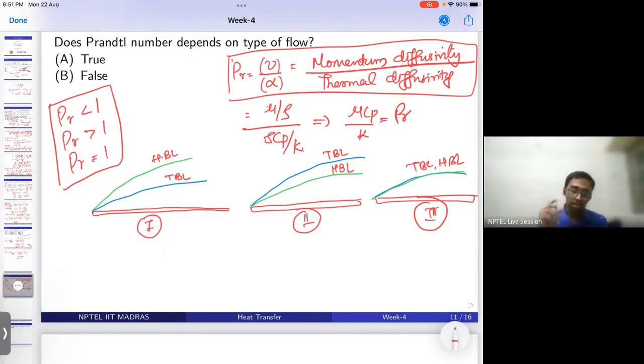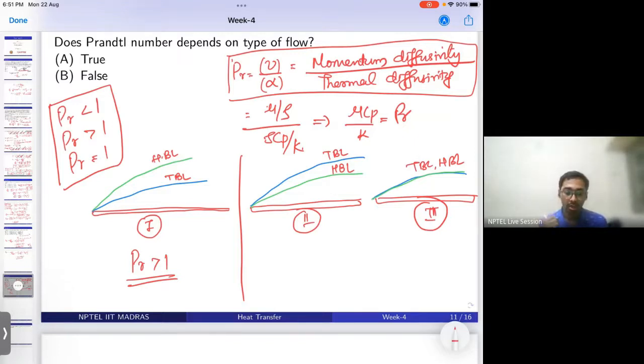Okay. So by this definition, can you suggest what the Prandtl number value will be? The numerator term, the momentum diffusivity, the momentum transfer rate, is more as compared to the thermal transport rate. So in the first case, the Prandtl number will be greater than 1. In the second case, it will be simple. You can see the thermal disturbance travels more than the momentum disturbance.